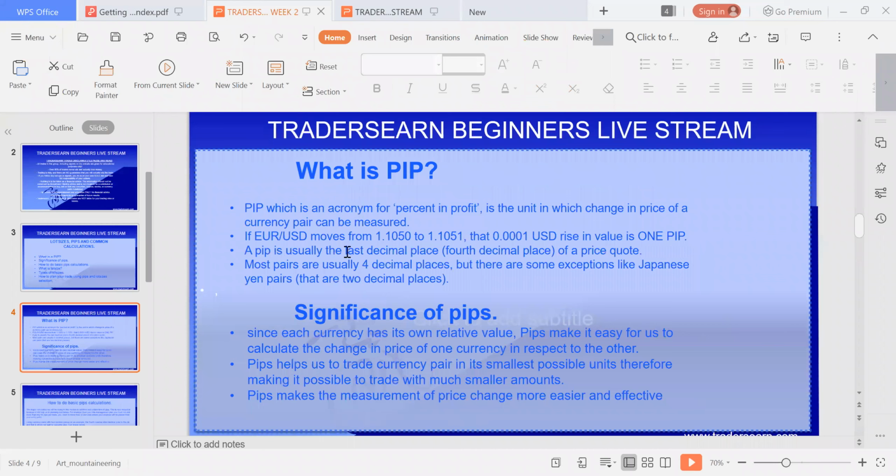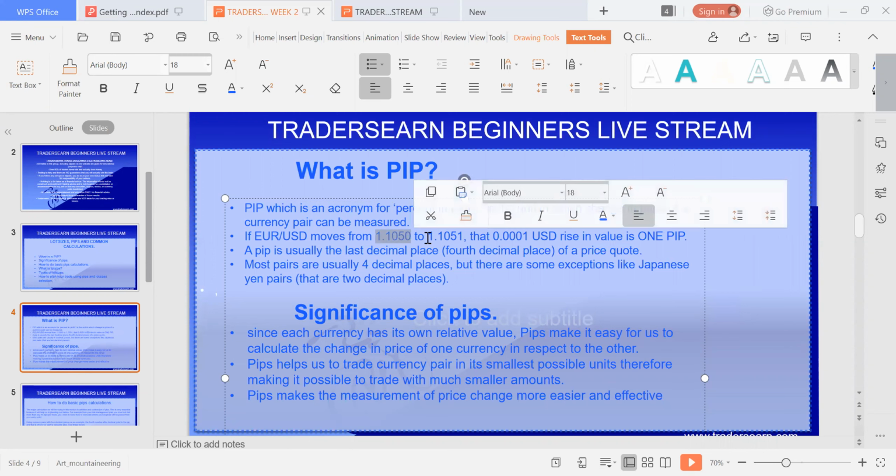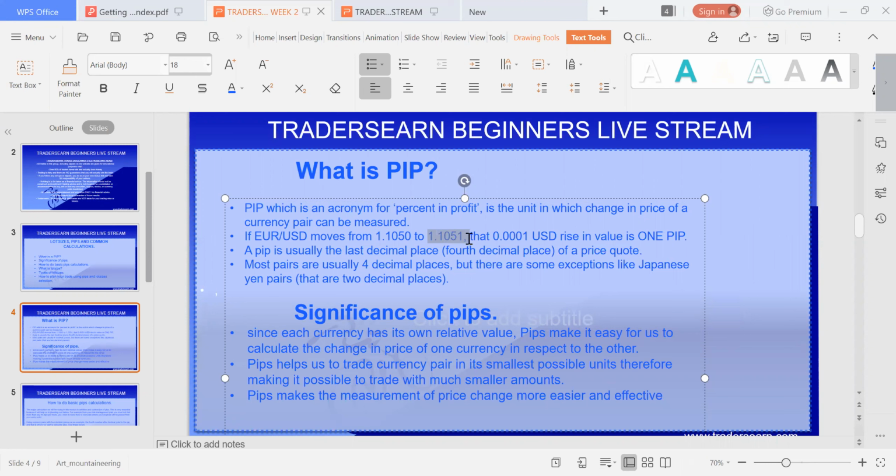All right. In last week's class, I already defined what a pip is, but as a recap, I say a pip, which is an acronym for percentage in point, is the unit in which change in price of a currency pair can be measured. Very straightforward. And if EUR/USD moves from this price to this price, that 0.0001 rise in value is what we refer to as 1 pip.